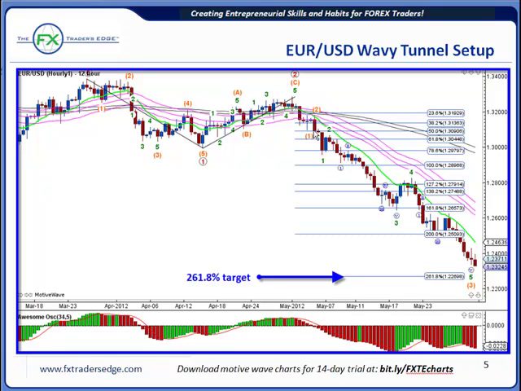Now, wave extensions can seem like they go on and on and on ad infinitum, but in fact, there is a limit to the extensions. And so far, in this move down from the end of wave 2, the beginning of wave 3, we have 19 waves. So we're looking at 2 more waves to complete the cycle, a wave 4 and a 5.